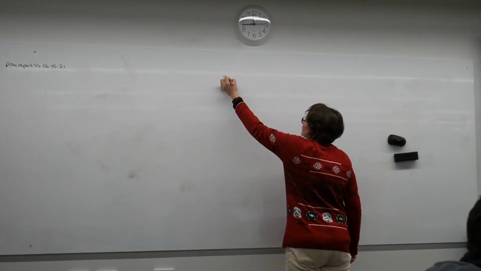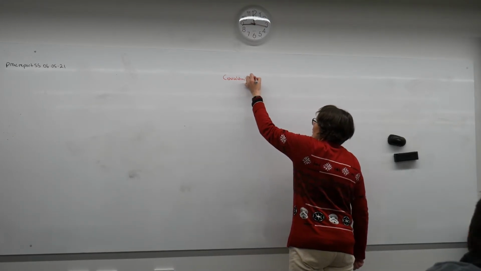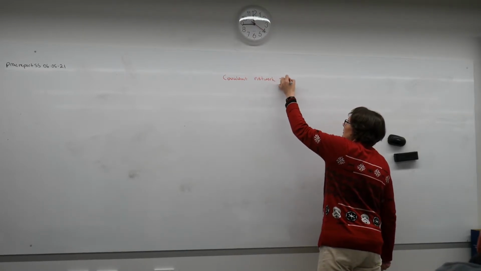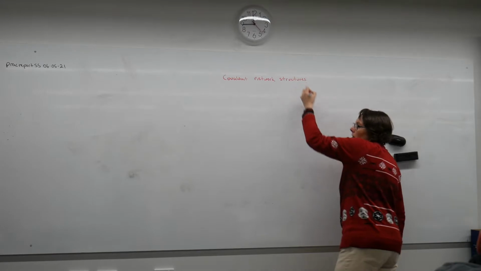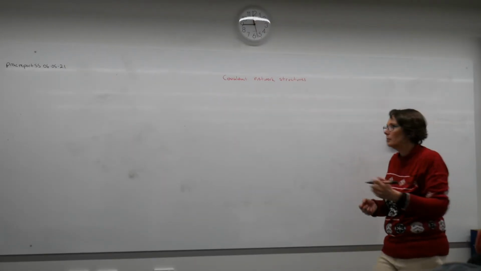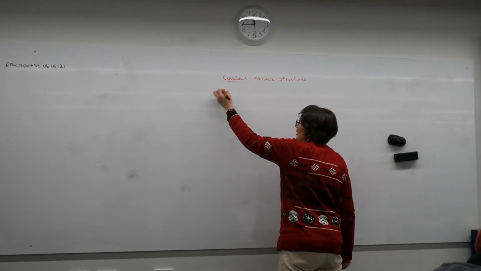So for covalent network structures, like I said, the covalent part still means it's the same bonding. Okay, so this part isn't changed.